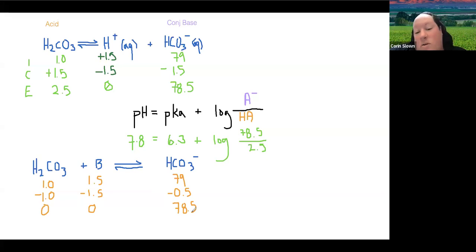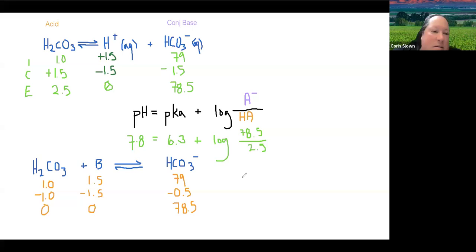So we can do a calculation, right? If we plug the numbers in, it would be 6.3 plus the log of 78.5 over 0. But if we actually try and do that, then we're going to get an error. So the reality is that 1 is probably the lowest you can go in terms of being able to think about the impact of base on your situation.